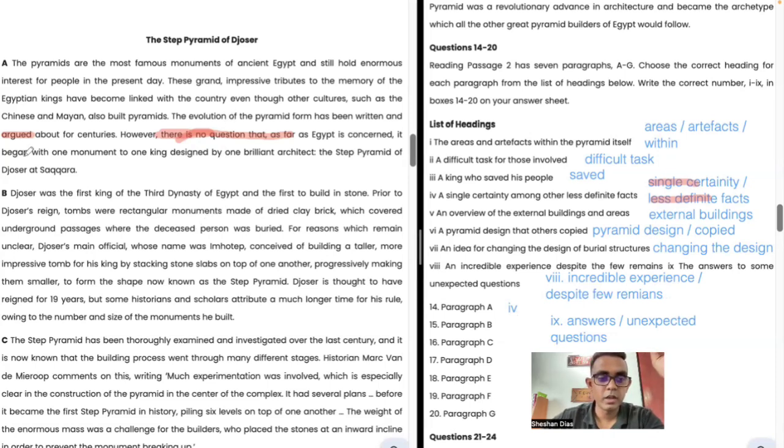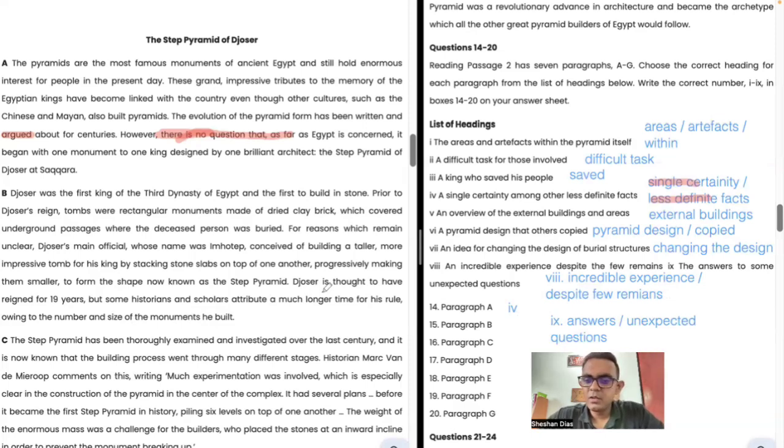All right, here we go. Joseph was the first king of the third dynasty of Egypt and the first to build in stone. That's the first line. The last line is, Joseph is thought to have reigned for 19 years, but some historians and scholars attribute a much longer time for his rule owing to the number and size of the monuments he built.